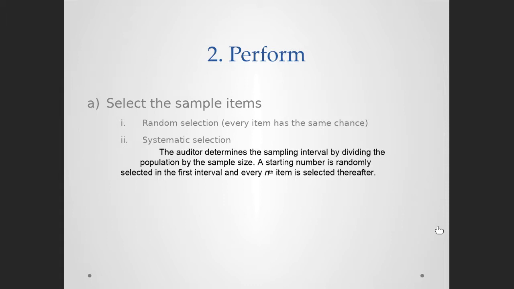The next one would be check number 1085. Are you following? Right? So we have the nth number. This is called systematic selection. So we have two different methods of actually selecting the items that we're going to audit.